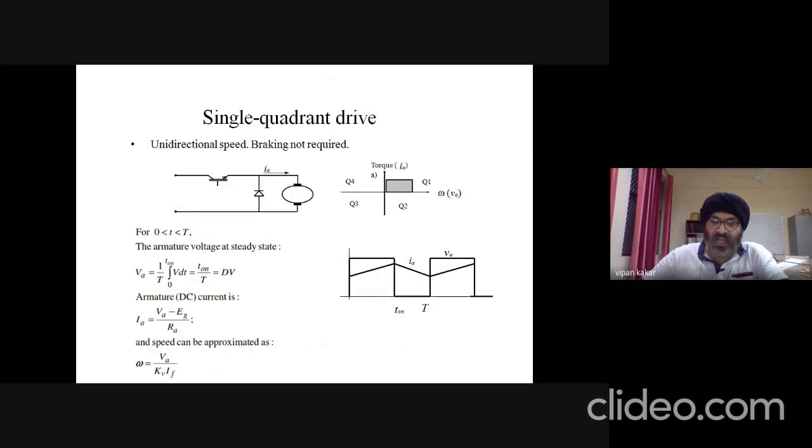But we have this back EMF, so the armature current is the difference of armature voltage and back EMF divided by the armature resistance, shown by this waveform, which ramps up during turn on of the switch, and ramps down or decays during turn off. And the speed, as we saw previously, can be approximated as VA divided by the motor voltage constant and the field current.